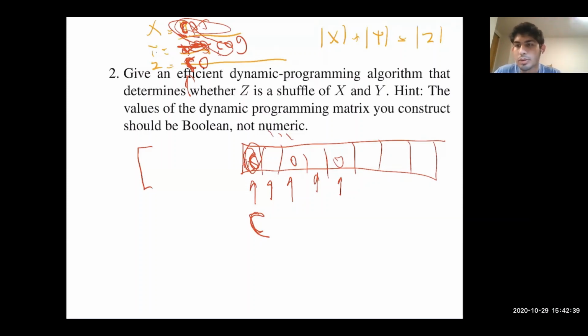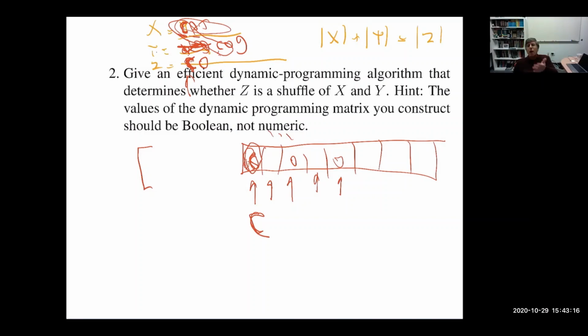And basically you would start at the index n comma m, and you'd say, okay, we're going to look at the first letter in Z, and ask: is this letter part of either the nth letter of the word that has n letters, or the mth letter of the word that has m letters? And if it's either one of those, then you would make it true, and then you would go in the direction. This to me is, let's say the answer is maybe, but I'm confused now.